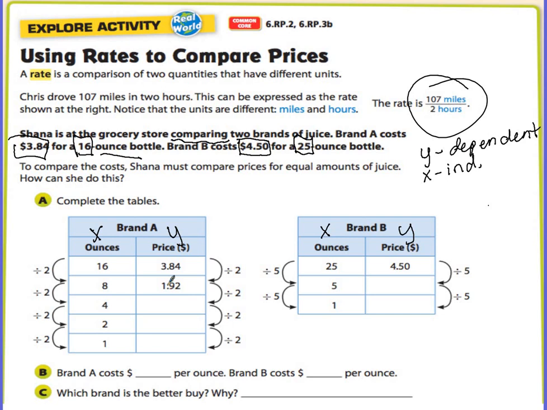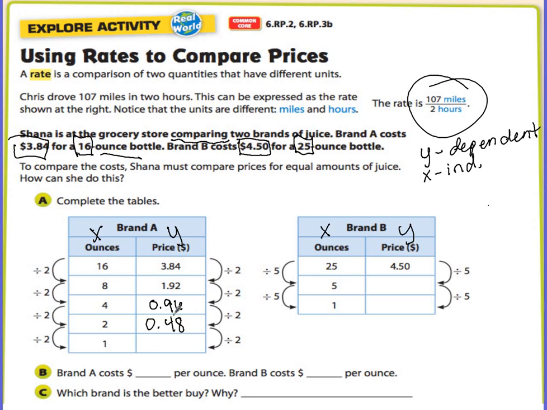I can divide by 2 again, and I'm going to read it as a decimal first, but then we'll read it as money. So I would get 0.96, which actually is 96 cents. Then I could divide by 2 again, and I know that 2 goes into 9 4 times, and it goes into 16 8 times.